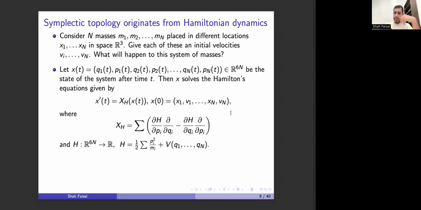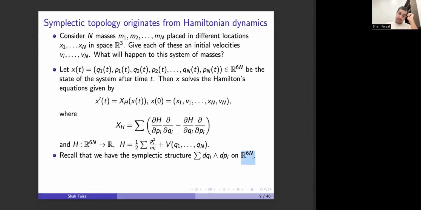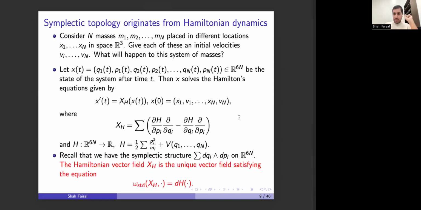So the orbit basically repeats itself. Recall that the space of the system, which is this Euclidean space, admits the standard symplectic structure I explained above, which is given like this. And you can observe that the Hamiltonian vector field in these equations is the unique vector field satisfying this equation. So what is it?